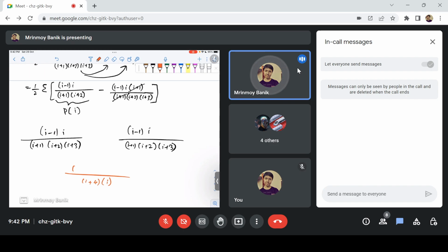I have to cancel one factor from the denominator here, and a factor in the numerator here.